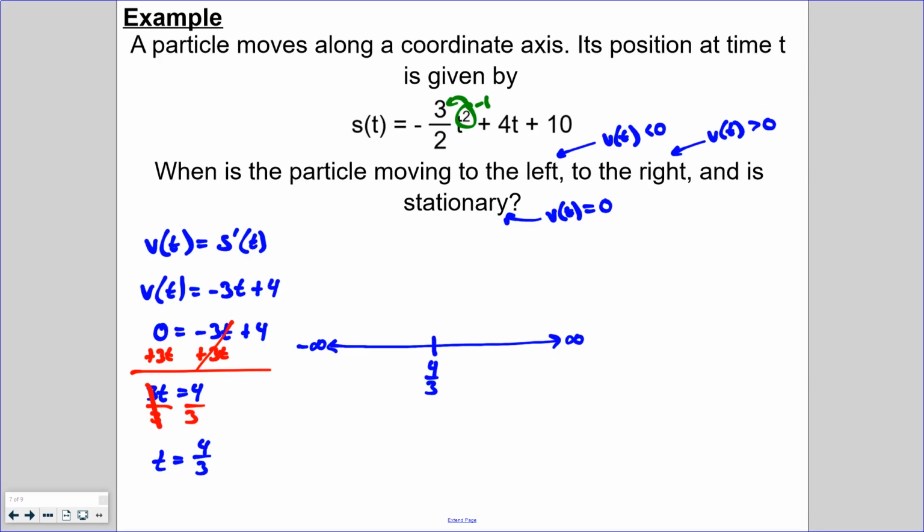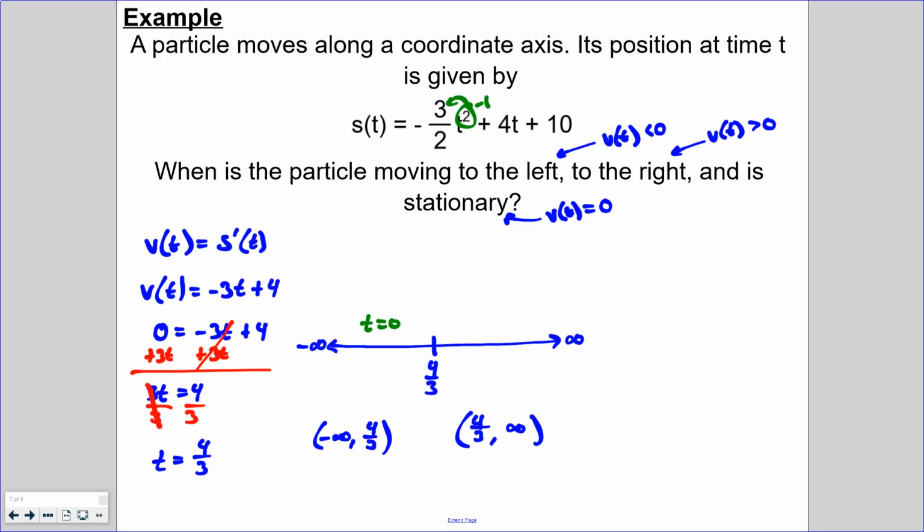So to figure out when the velocity is positive or negative, we need to pick a number in each of the intervals that we just made. Because by plotting 4/3, we created the interval negative infinity to 4/3, and then the interval from 4/3 to infinity. So in my first interval, I'm going to choose t equals 0.